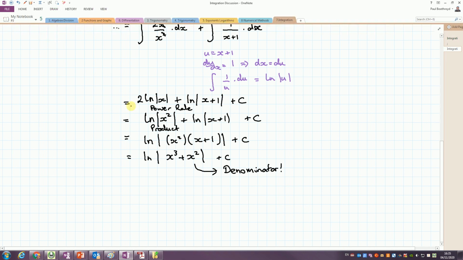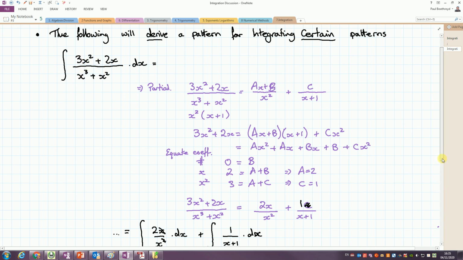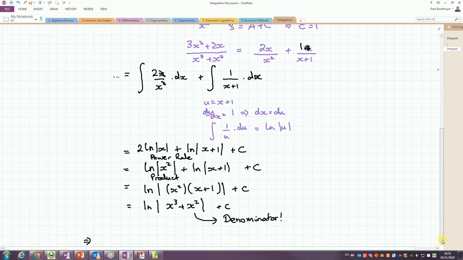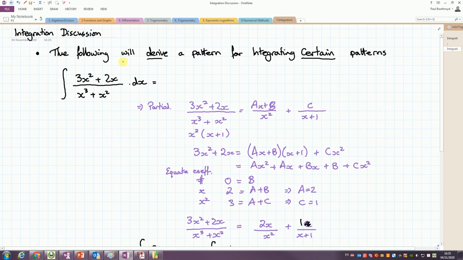Well, the relationship is that the denominator function, if I differentiate it, x cubed plus x squared, we actually get the numerator. So what we were actually integrating was the differential of the denominator.